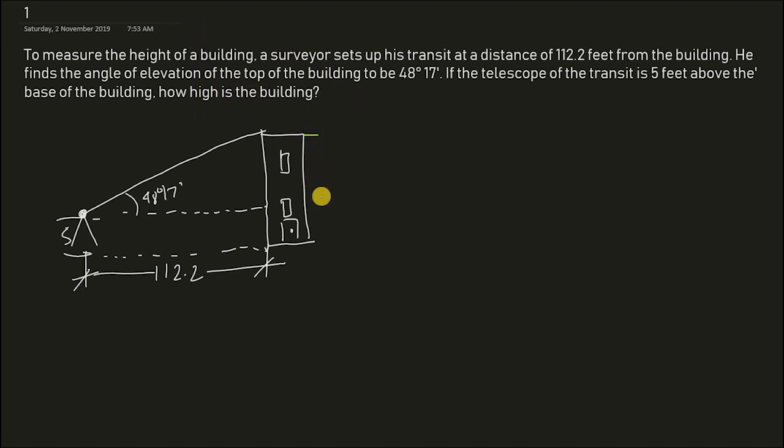Ibig sabihin, we are solving for this. Alam natin na from 5 feet above the base, this is 5 feet. Ngayon, yung isolve na lang natin is ito. Let's solve for x. Pero yung buong hinahanap is yung buong ito. Okay? So, to solve for that, it's basically using the concept of SOHCAHTOA.